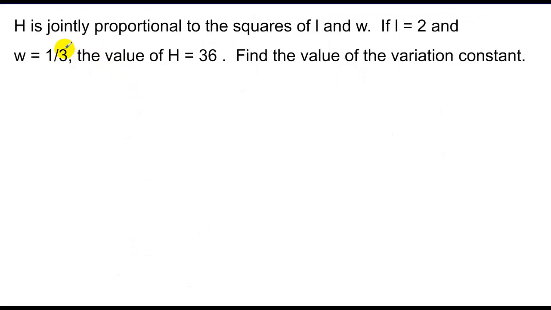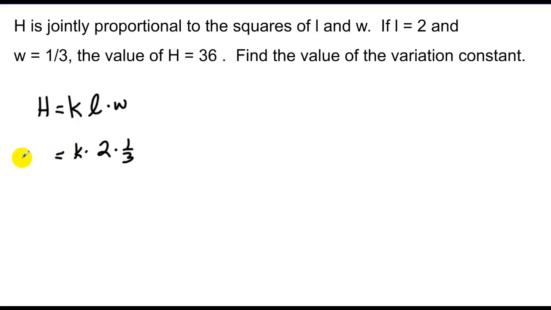And now we know H is jointly proportional to the square of L and W, which means there's joint variation. So H equals K times the product of L and W. And we want to find the variation constant. They give us the L value of 2, the W value of 1/3.